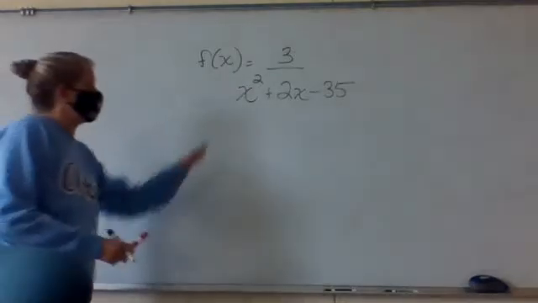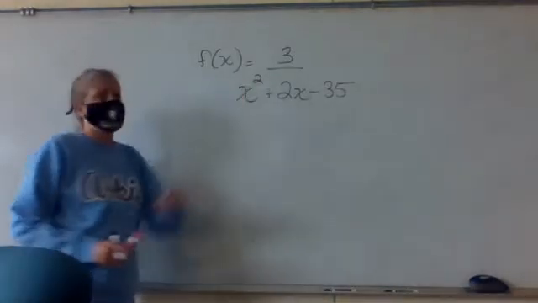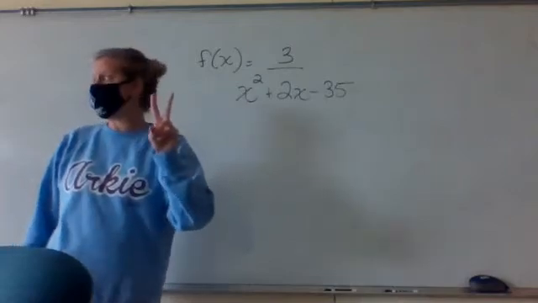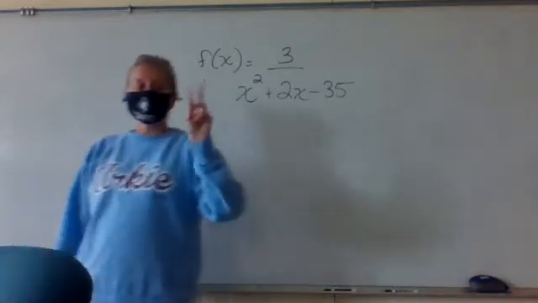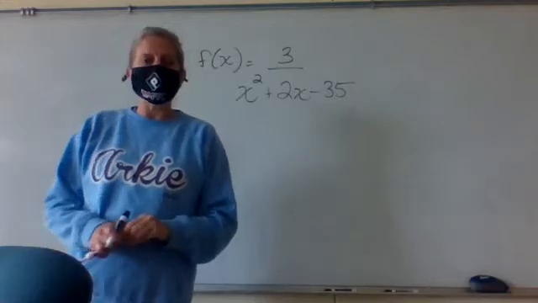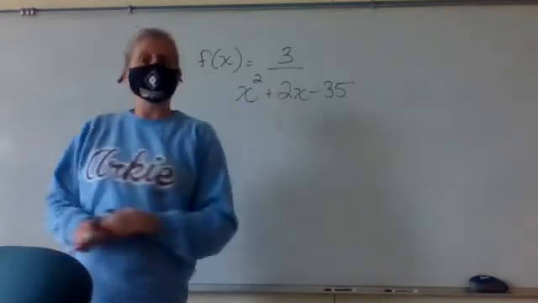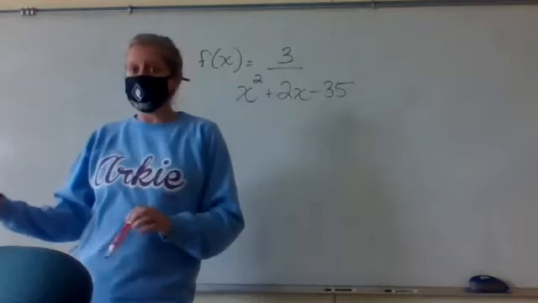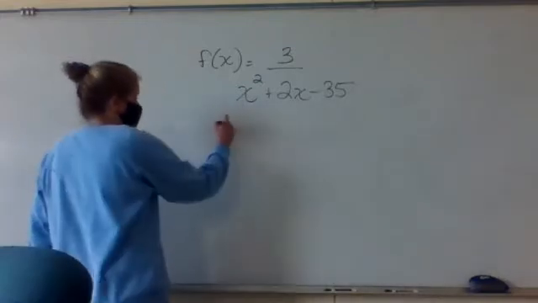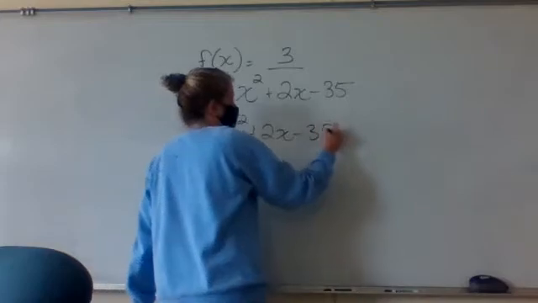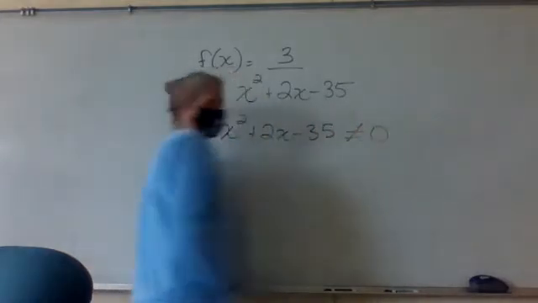So this time I'm noticing that my denominator is an x squared, which means there's going to be 2 solutions. There's going to be 2 zeros, 2 numbers that would make the denominator equal to 0. That's what the x squared tells me. Okay? Anytime it's x squared and you're trying to solve, right, which is what I'm doing, x squared plus 2x minus 35 cannot equal 0.